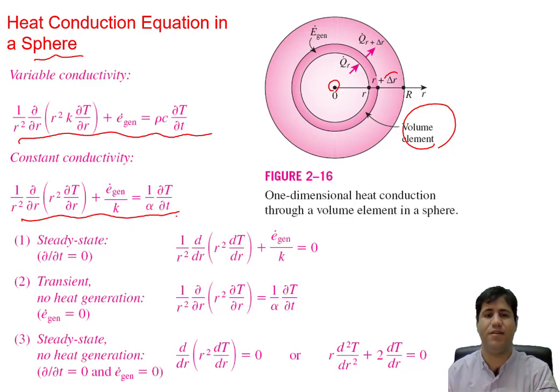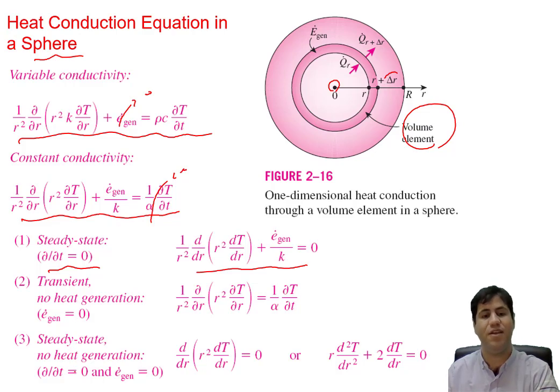Then this is our equation in a spherical coordinate system for heat transfer when k is constant. As for the other special cases, I think you can already guess how they look. At steady state, this term will be zero, so our equation will be for steady state and constant thermal conductivity. When we have transient but no heat generation, this term will be zero.